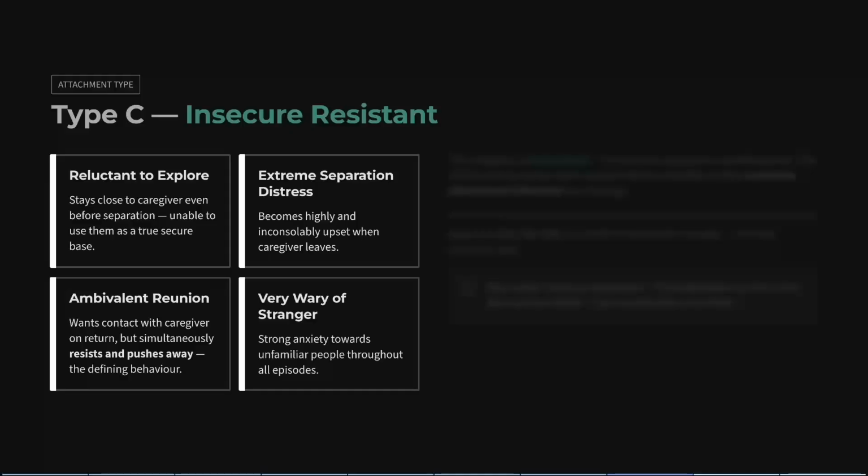They cry to be picked up, and at the same time, they resist the contact. They push away, arch their back, hit out, squirm to get down. They want the caregiver desperately, and they cannot accept the comfort the caregiver offers.